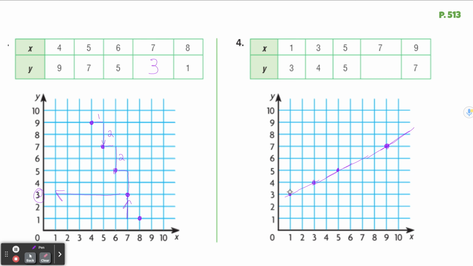And now each time I'm going up 1 and over 2. Up 1, over 2. So now if I go up 1, over 2, my dot, and it matches right in that line, is going to be at 7 and 6. So our y, our missing value, is 6.